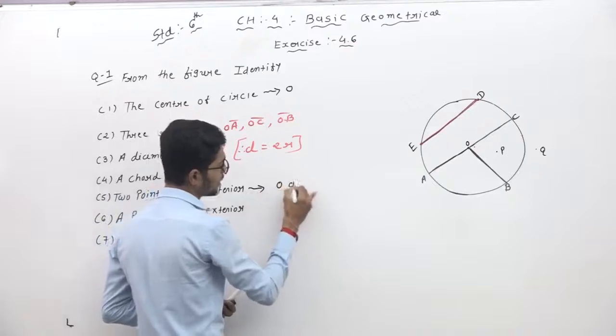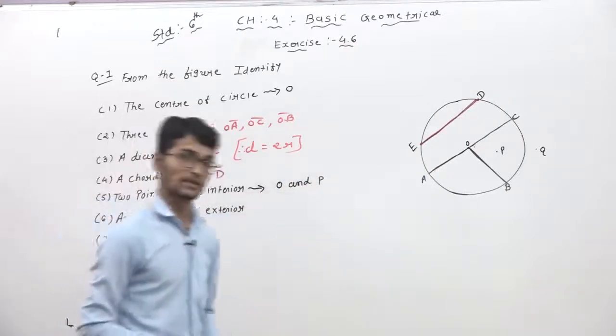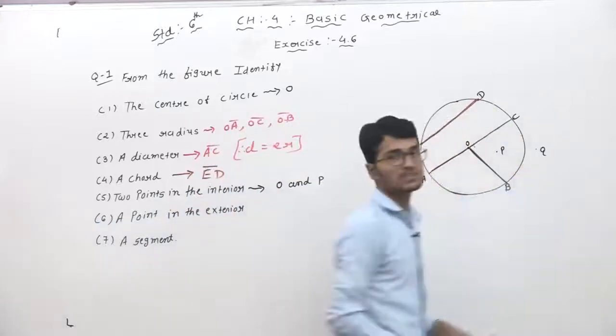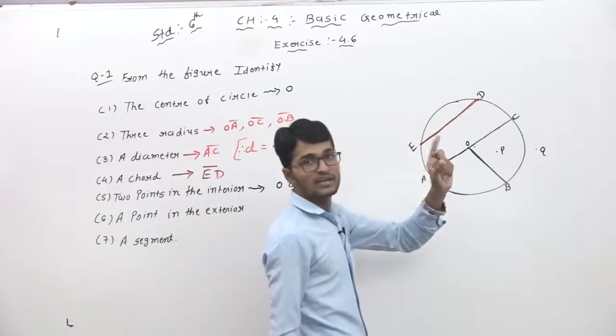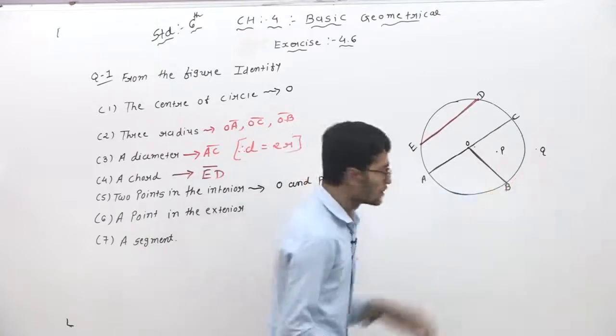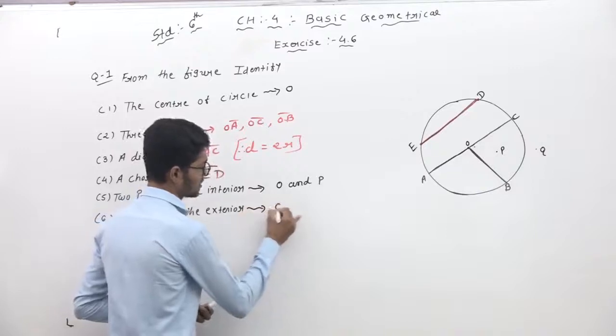So these 2 points are the interior points of this circle. Same for the exterior point. What is the exterior point of this circle? Only one point is exterior to the circle, and that is Q. So exterior is Q.